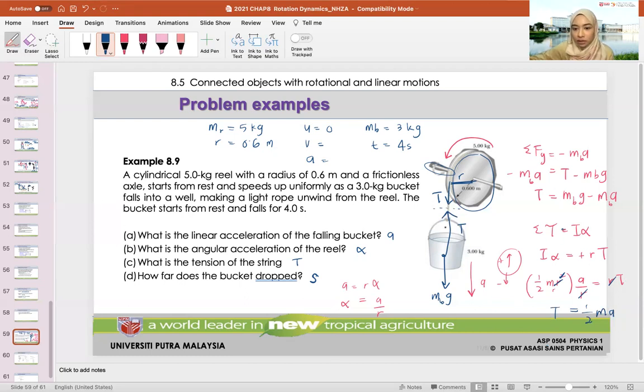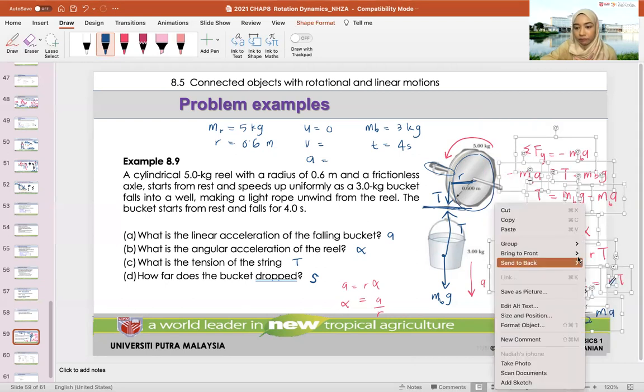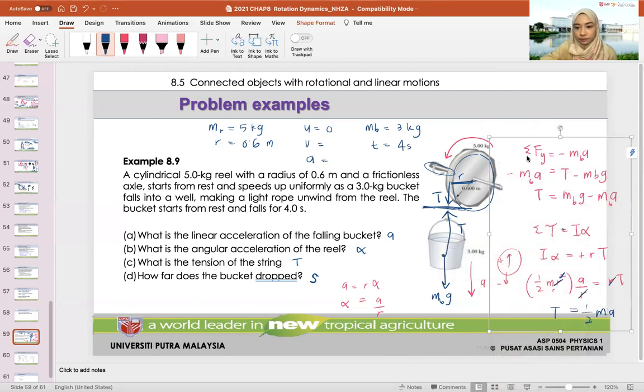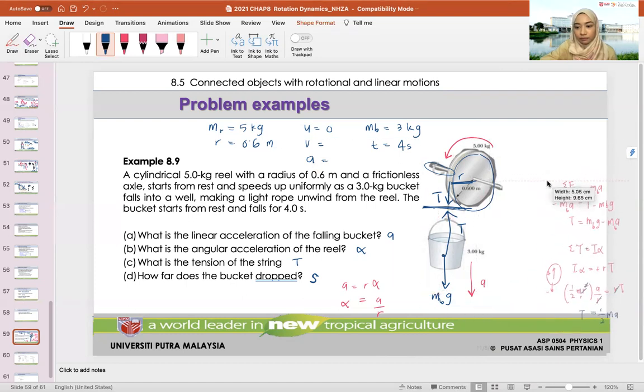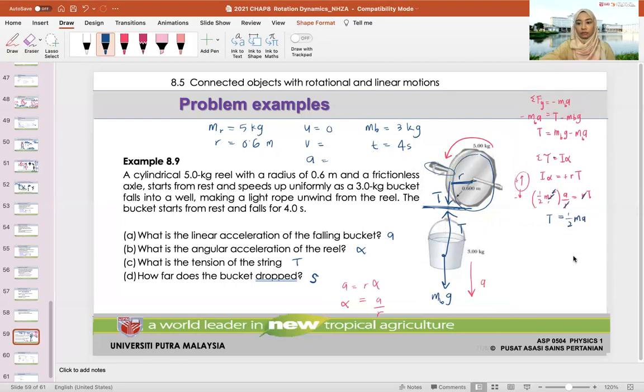The T should be equal because they are referring to the same string, the same tension, it's taut at the same place. So we can equate these two together. I need space. Where should I put it? Okay, there you go.